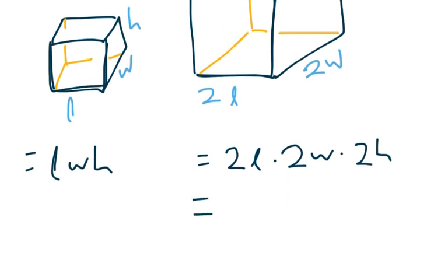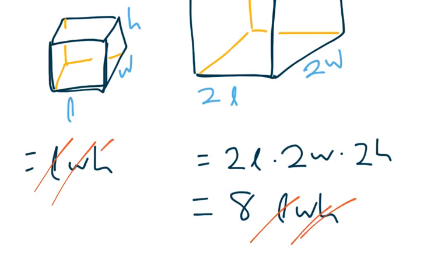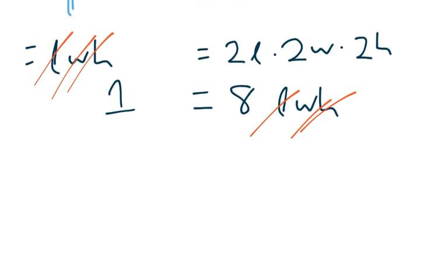So when you multiply that all out, 2 times 2 times 2 is 8, and then you have length, width, height. So we can cancel out the length, the width, and the height. So we have a ratio of 1 to 8. That means that the second box is 8 times larger than the first one.